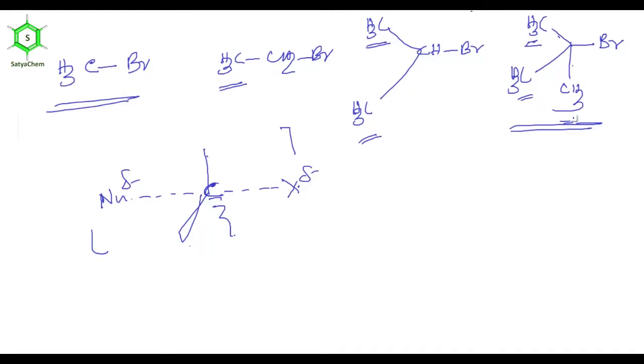When there are 3 methyl groups, the pentacoordinated transition state will have higher energy due to steric effect. Out of the 5 substituents, 3 are larger in size, so there will be a van der Waals interaction.